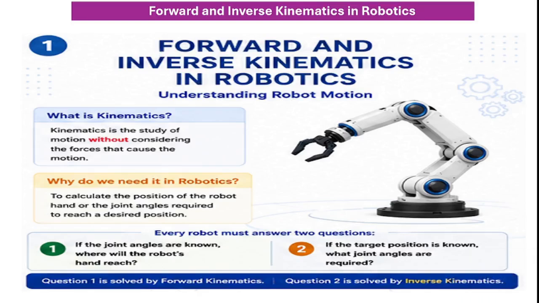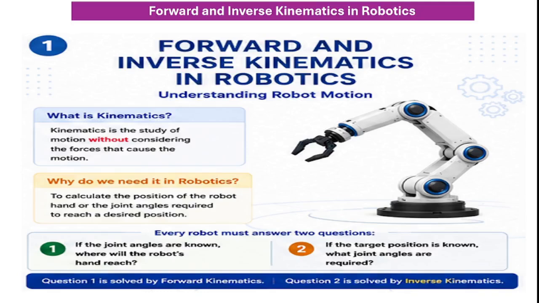First, forward kinematics. We have discussed what kinematics is and why we need it in robotics. Every robot must answer these two questions. The first one: if the joint angles are known, where will the robot's hand be?